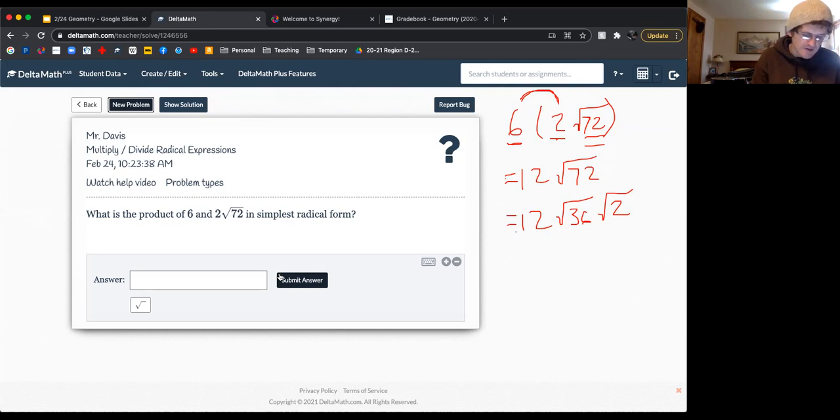So now the square root of 36 is 6, so it's going to be 12 times 6, because notice this got converted into a whole number, times the square root of 2, but everything else just stayed the same. So the square root of 2 just came down, this 12 came down. This actually got converted. So now 12 times 6, if you multiply that out, is 72.